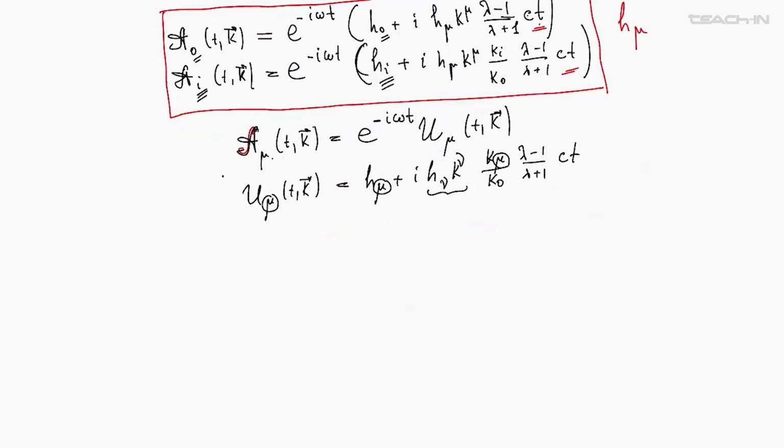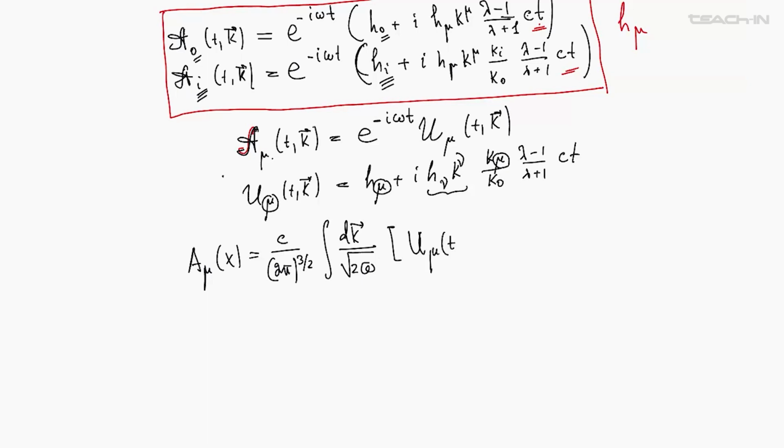A mu of x is 1 over (2 pi) to the 3 over 2, integral dk over square root of 2 omega, then this u mu of t, k, like this, exponential minus i k multiplied by x.